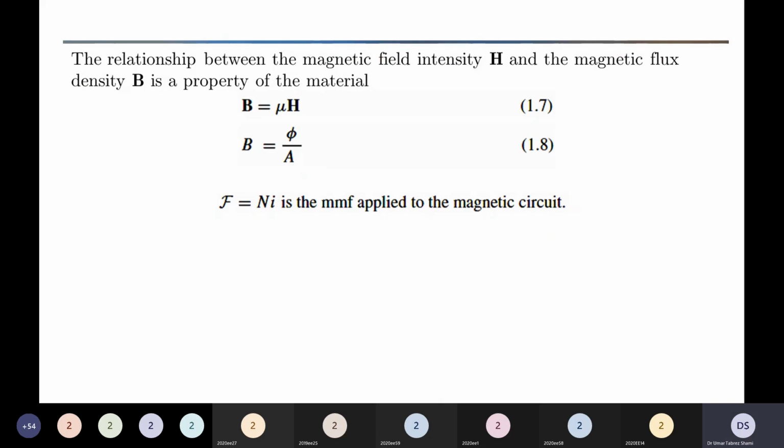Now, the relationship between magnetic field intensity and flux density is shown in the very well-known equation B is equal to mu times H, equation number 1.7. So B is equal to mu times H. In equation 1.7, what is the independent value and what is the dependent value?